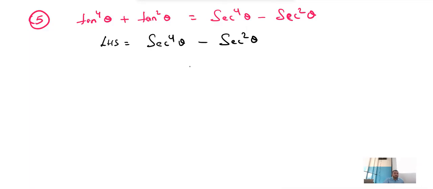Same step, same method. You apply using tan power 4 theta from your end, because tan power 4 theta everyone will teach, but secant power 4 theta they will teach very rarely. So here let me take RHS as LHS. Now, what can we do children?